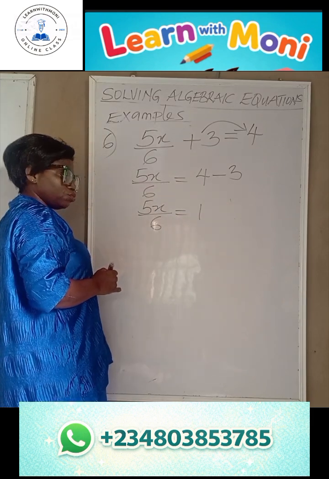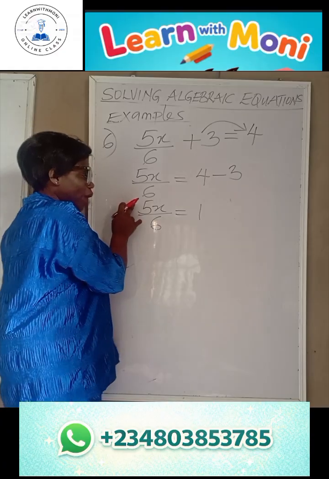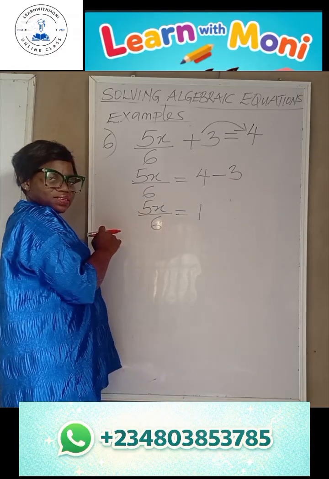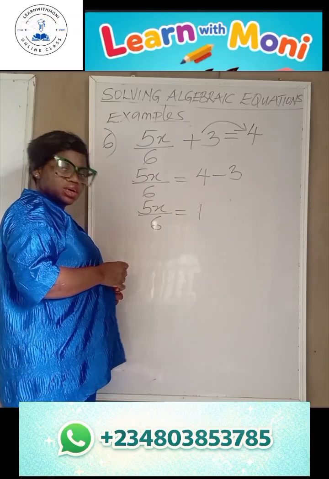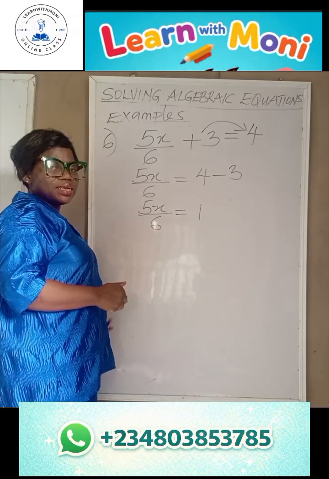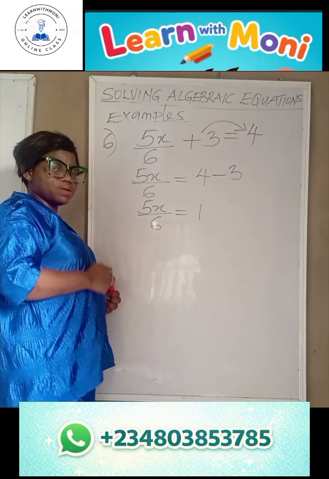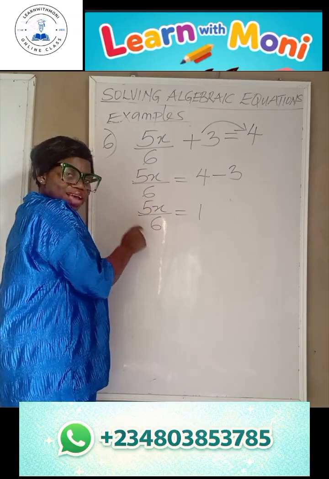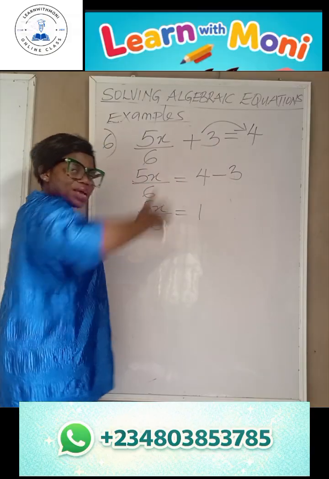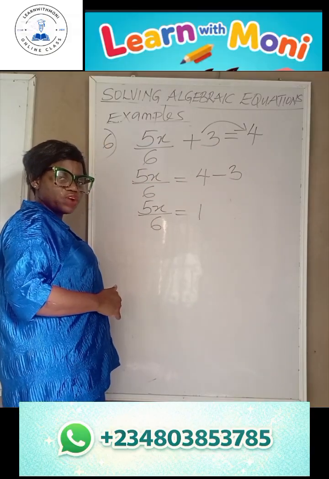I hope that is understood. Now, we say 5x divided by 6. The 5 is closest to the x, so the magnet is having a tighter grip on the 5. Divided by 6 is farther away from the x.